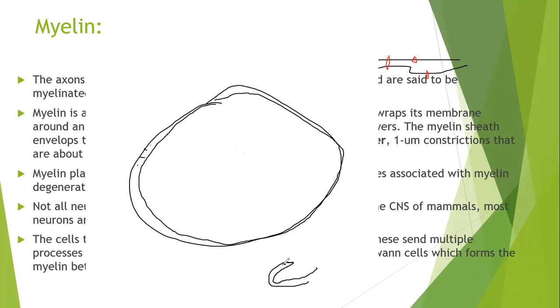Remember, you have squeezed out the cytoplasm, and what you'll end up having is one cell membrane opposed onto the other cell membrane. And now the cytoplasm is split in this area.